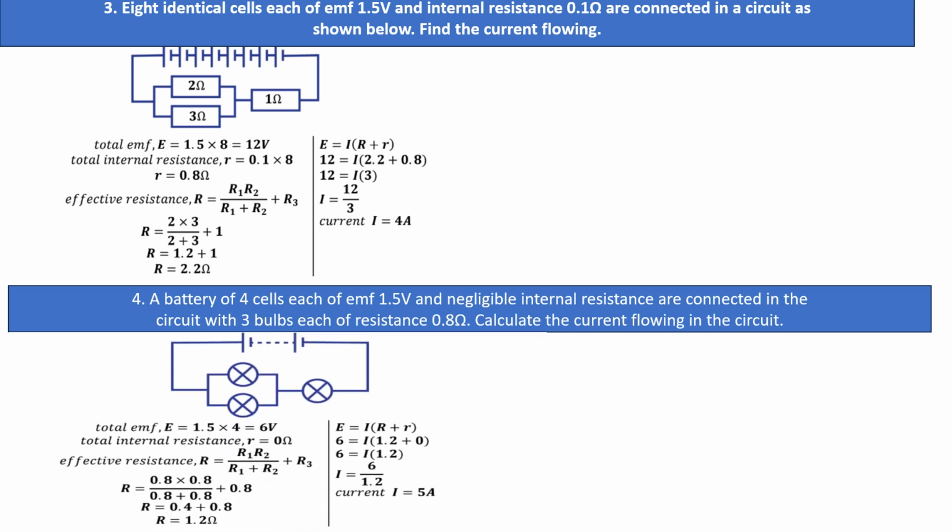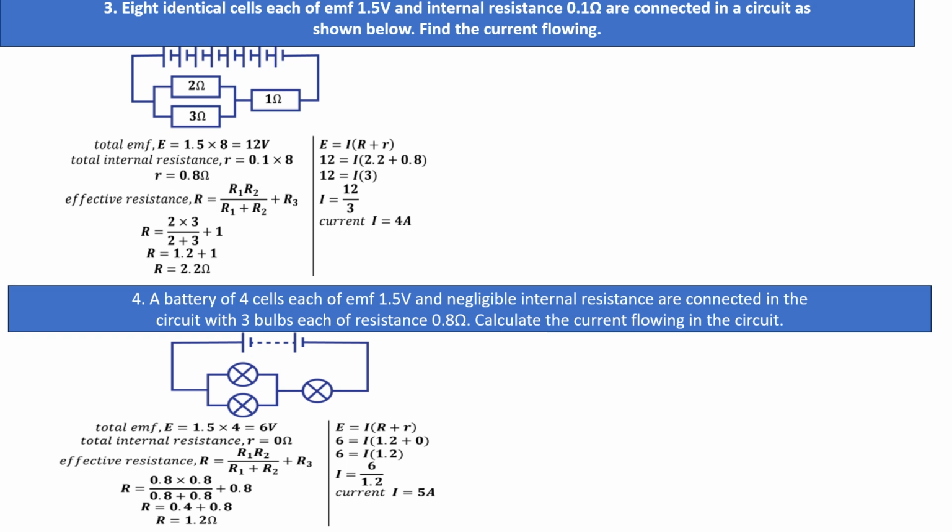The next question: we have a battery of 6 volts, because each dry cell is 1.5 and there are 6. Then we have bulbs. 2 bulbs are in parallel, meaning for their effective resistance I take product over sum, because there are 2.